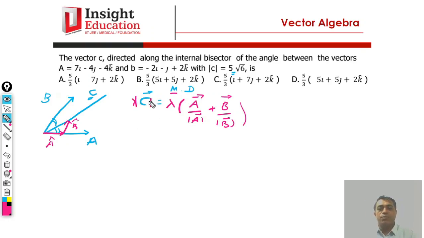If I remove the mode, then C is equal to lambda into the unit vectors. Or I can say mode of C square, later on we will do it.